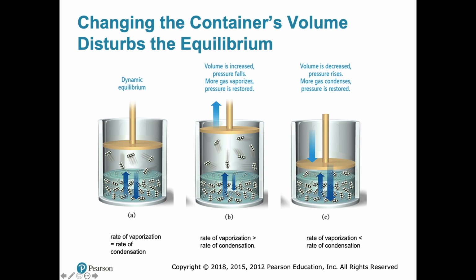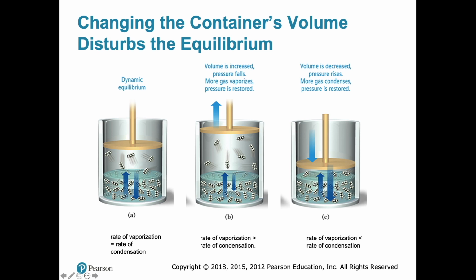The thing is, when the volume is increased inside of a closed system, the pressure falls. The pressure inside the vessel falls, and when that happens, it's a lot easier to vaporize the hexane. Let's say it's hexane. It's easier to vaporize. So in this case, the rate of evaporation is greater than the rate of condensation.